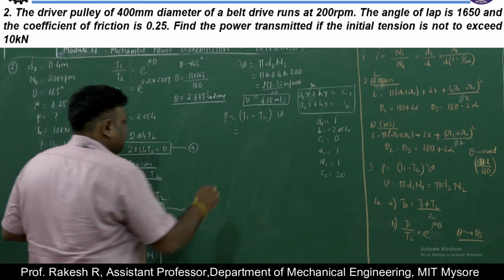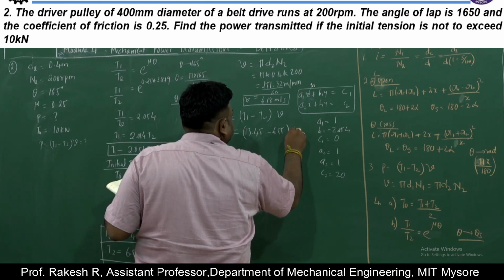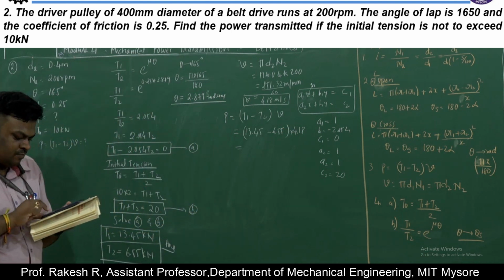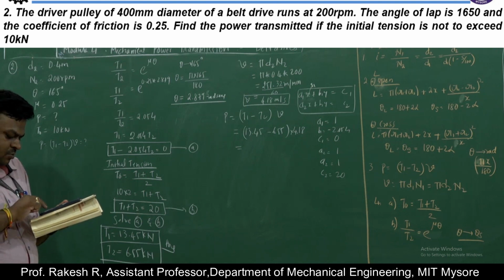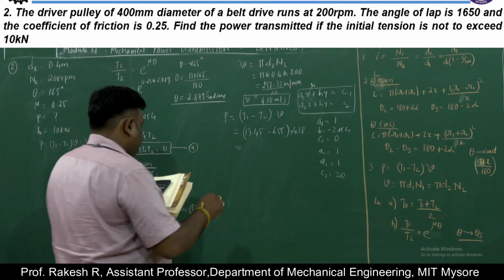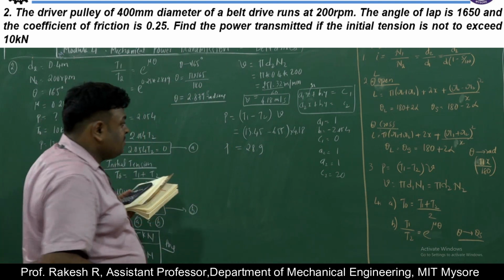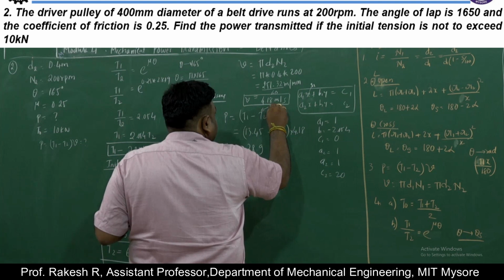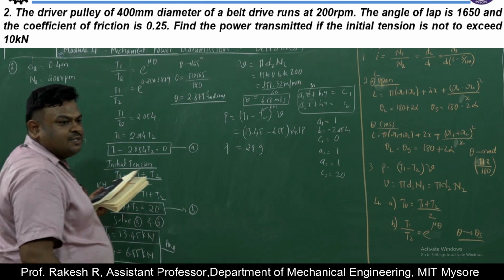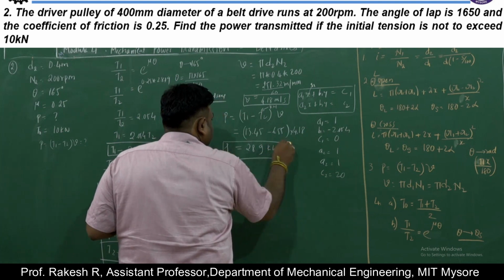Substitute here, T1 is 13.45 minus T2 is 6.55 into velocity 4.18. So it is 28.9. Unit you have to write, whether it is in watts or kilowatts. Already this is in kilonewton, because I have given this value in kilonewton. Kilonewton meter per second is kilowatts. This is the answer.